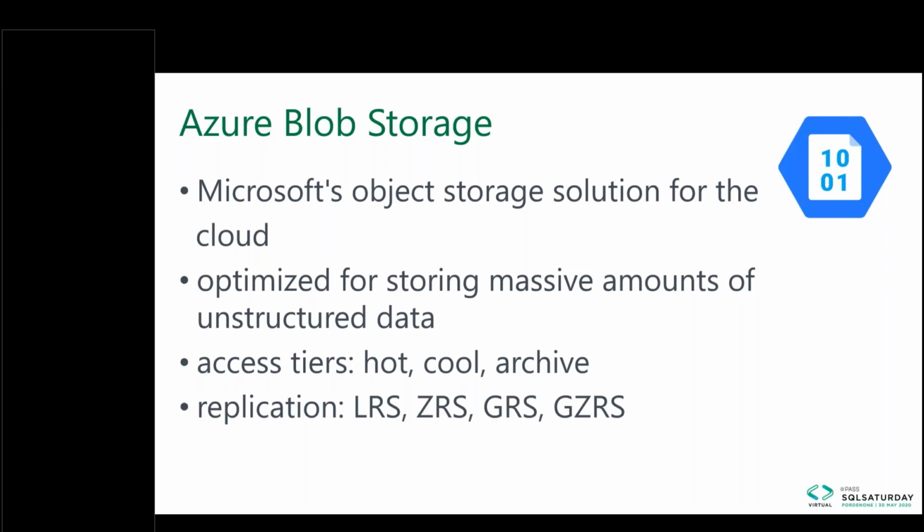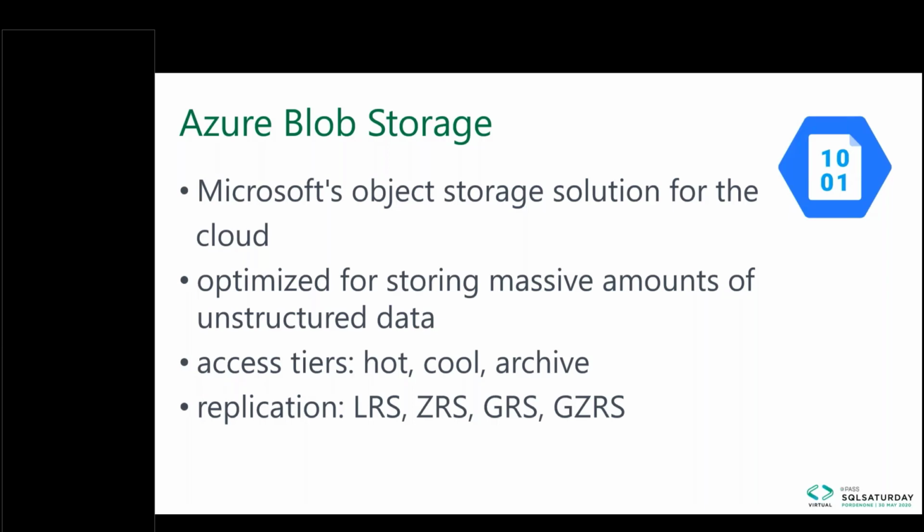Basically, there's local redundant storage, zone redundant storage, geo redundant storage, and geo-zone redundant storage. The differences are in how many copies of data Microsoft makes. Local redundant storage is basically Microsoft making a few copies of your data within the same physical region and within the same server farm, which is how it makes it resilient.